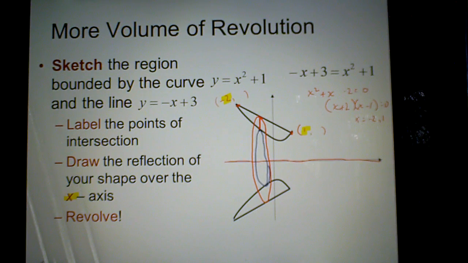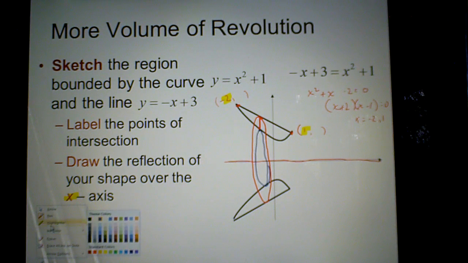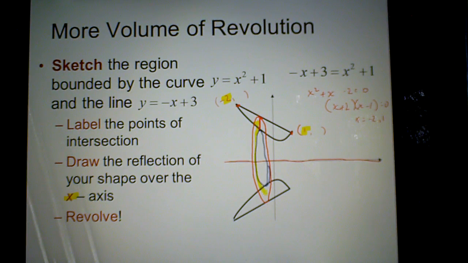That's a lifesaver. Now, you have a bunch of lifesavers. I can create a whole bunch of lifesavers all the way through this shape. Every time I draw a representative strip, I can make a lifesaver.